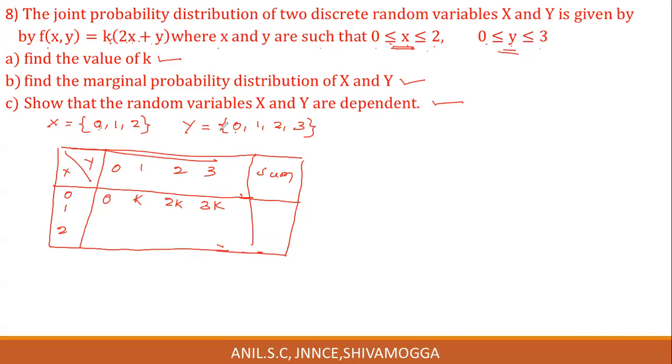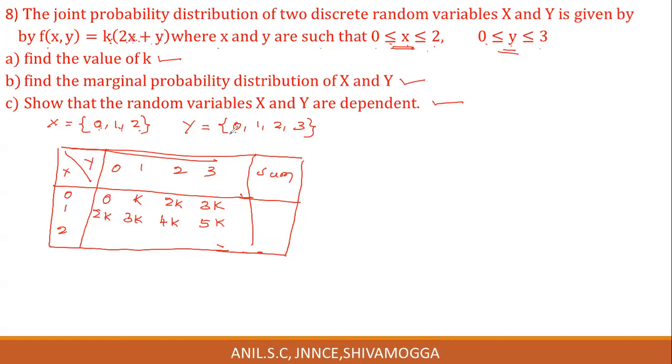Next, when x is equal to 1, y is equal to 0. This will be 2, and 2 into k is 2k. X is equal to 1, y is equal to 1, 3k. X is equal to 1, y is equal to 2, 4k. X is equal to 1, y is equal to 3, 5k.